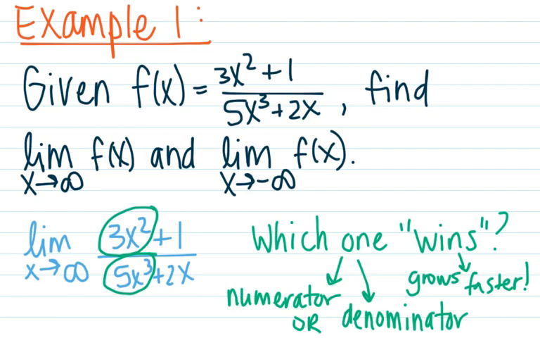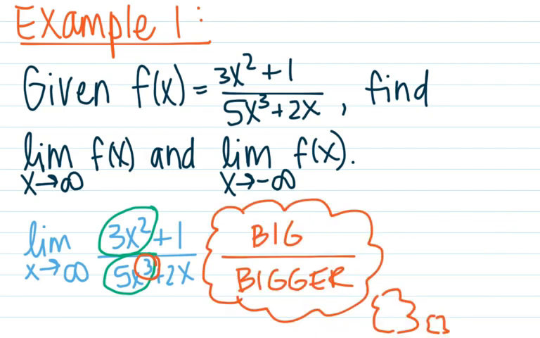And that then allows me to answer this question over here, which is out of those two terms, 3x squared and 5x cubed, which one is growing faster? And in this case, the 5x cubed is going to create a number that, even though we're thinking in terms of infinity, really large numbers, okay, the x cubed is going to create a number that's even bigger than the 3 times a really large number squared.